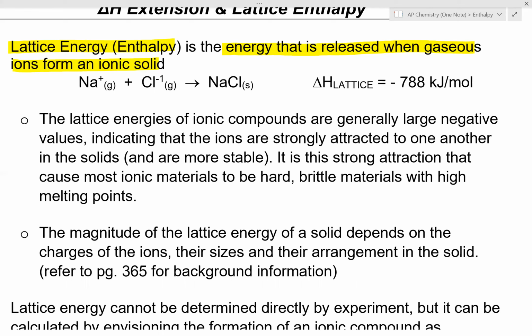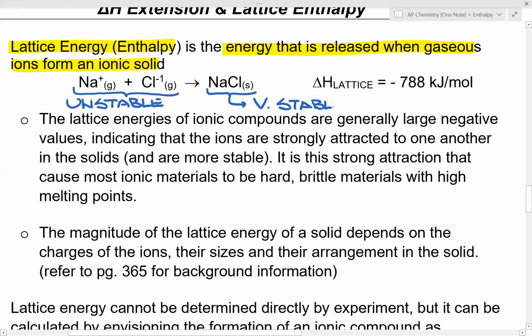Because the lattice energy is so exothermic, these ions are what we call unstable, while this solid, since it's exothermic, is very stable. And because they're very stable, they're considered very strongly bonded.